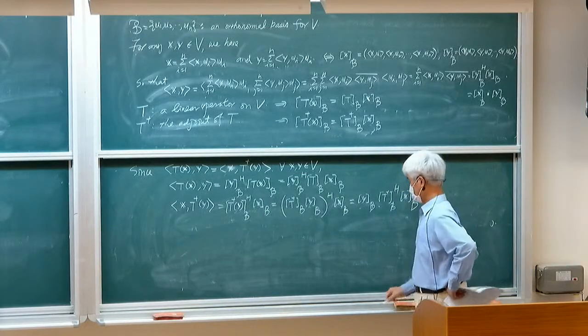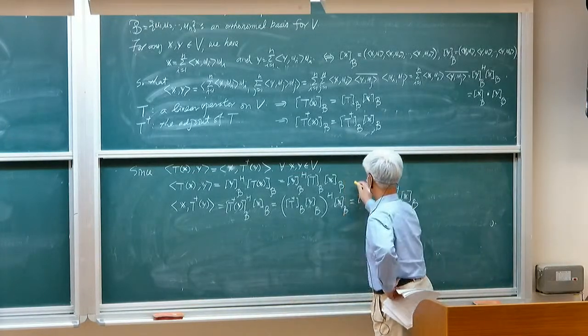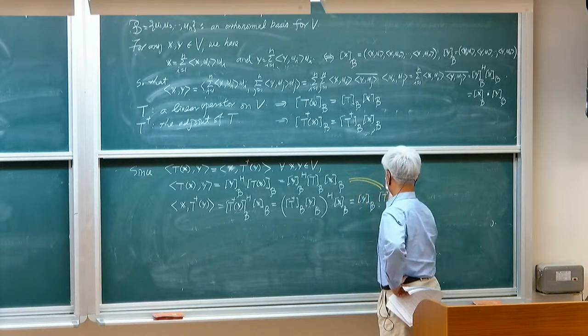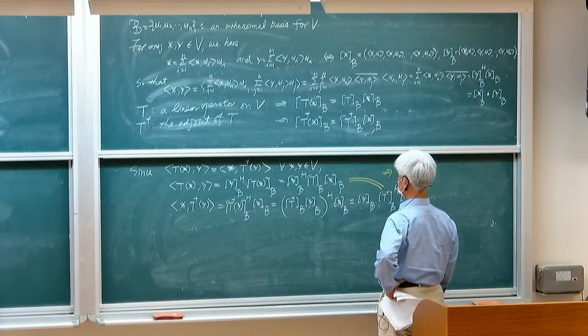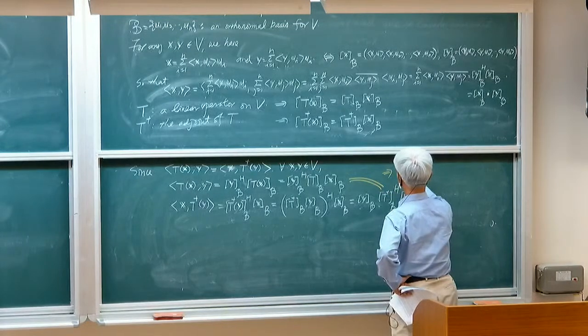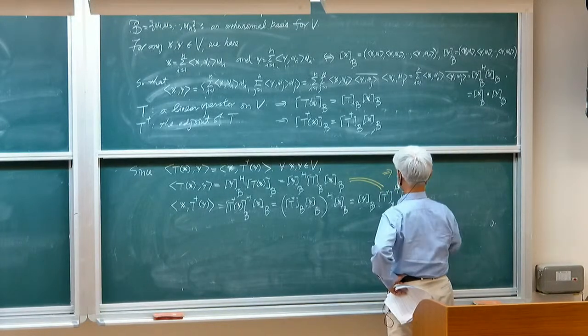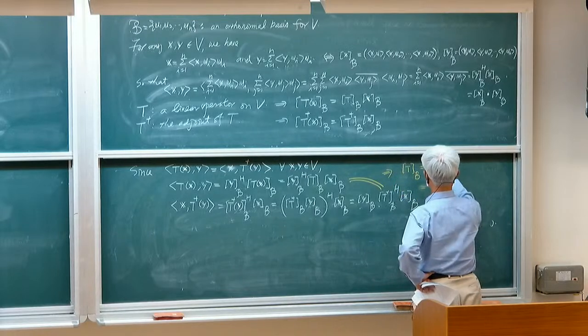Right? Now, because now they are equal, this implies that T is equal to T dagger B Hermitian.